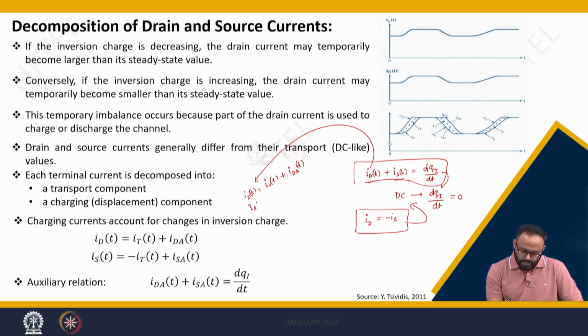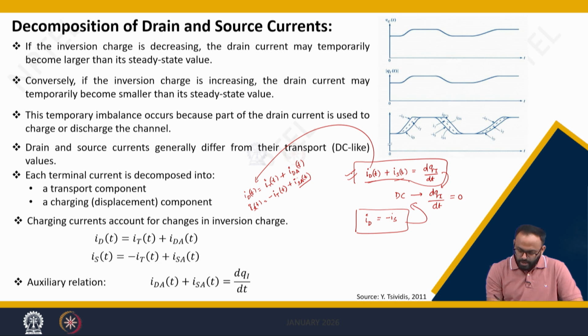Similarly, IST can be written as the total current, which is just the reverse of the source current, plus ISAT. Here ISAT is positive because you are having some extra electrons coming in at the source to maintain charge neutrality, and hence this current direction is from channel to source. That is what we are taking as positive.